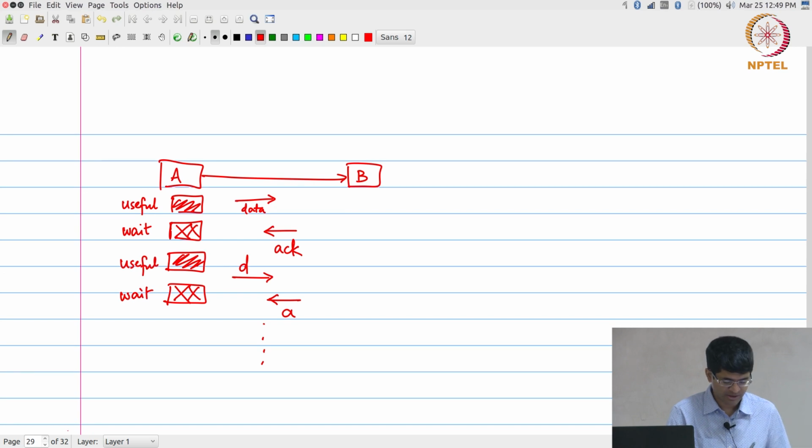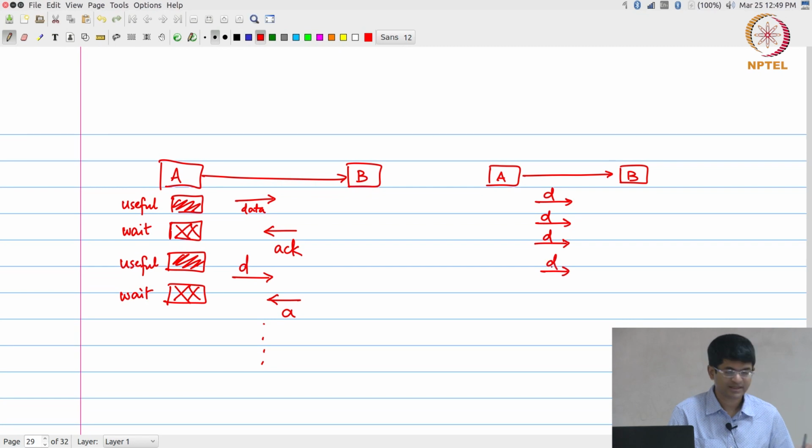The optimistic way of doing this is to say, as you can imagine, send data, send data, send data, send data, and finally this one sends an ACK. So, all this becomes useful and this becomes waiting, overhead reduced.